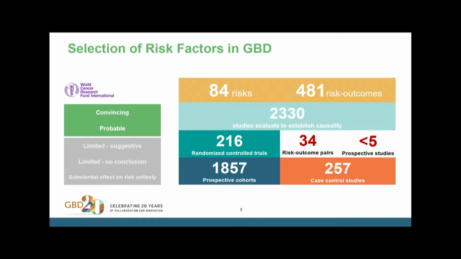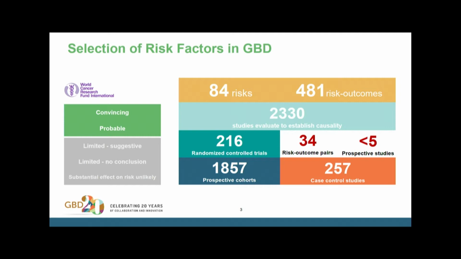As with previous rounds of GBD, in this round we also used the evidence grading criteria from the World Cancer Research Fund, or WCRF. And we only included the risk outcome pairs for which the level of evidence is convincing or probable. In GBD 2016, we evaluated evidence from more than 2,300 articles to establish causality for 481 risk outcome pairs.